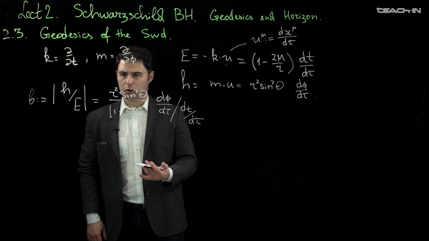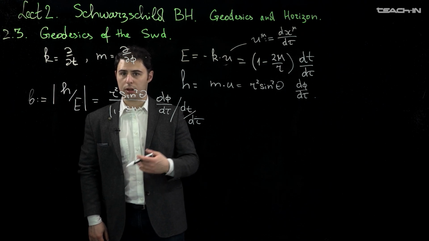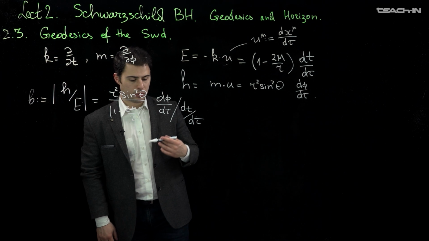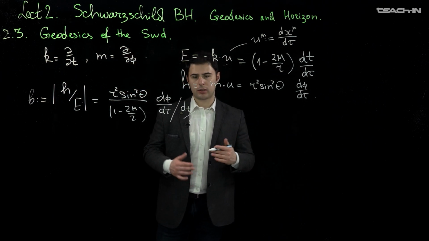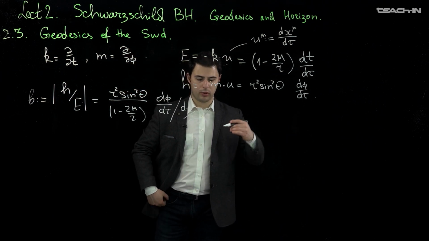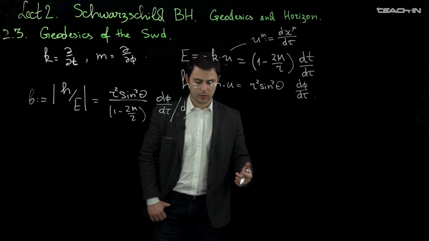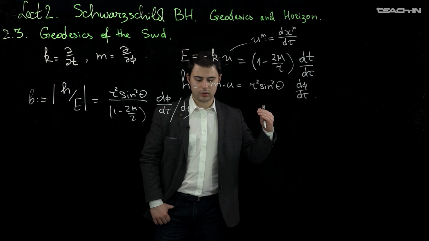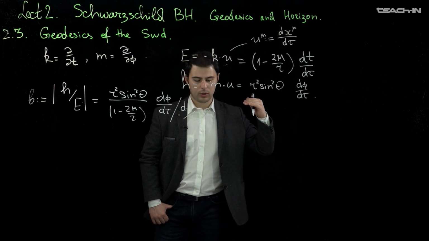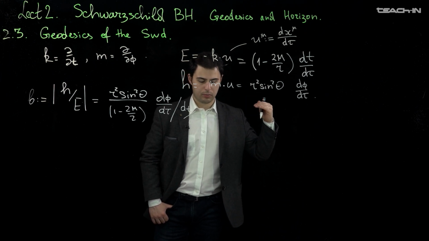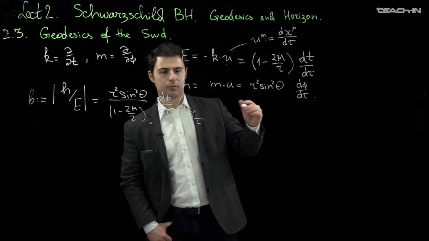We can interpret it as the impact parameter, that is, the distance of the null geodesic from a line through the origin, the distance from a line of constant angle parallel to the geodesic.